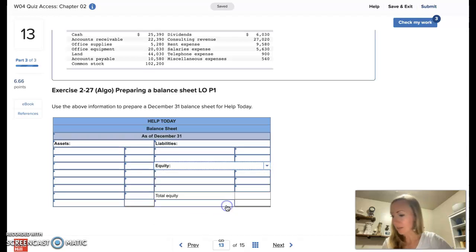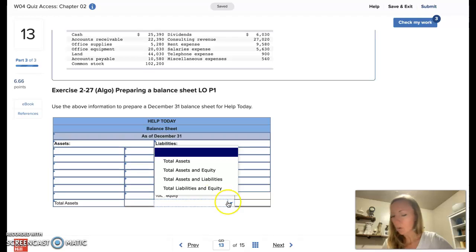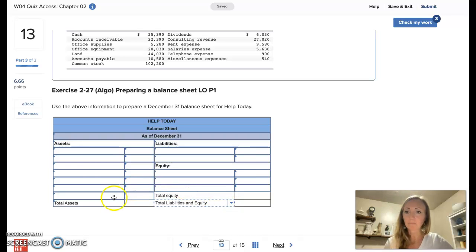Then we're going to put in equity. So we have assets on the left side equals liabilities plus equity on the right side, and we want to put in total assets and total liabilities and equity.